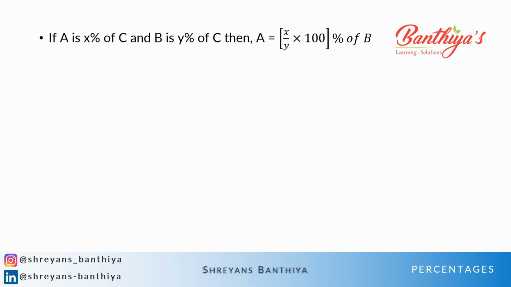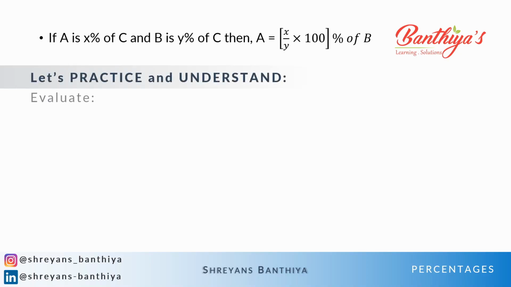So basically here what we are doing is A equals X by Y into 100% of B. When we want to compare A and B, we want to compare A, that's the reason it's put in the numerator with the base of Y into 100%. So that's pretty easy. Now let's practice and understand.